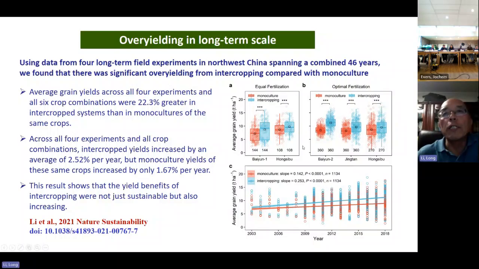Across all experiments and crop combinations, intercropping is the blue one and the monoculture is the red one. Intercropping increased yield by an average of 2.52% per year, but the monoculture yield of the same crops increased by only 1.67% per year. This result showed that the yield benefit of intercropping was not just sustainable, but also increasing.